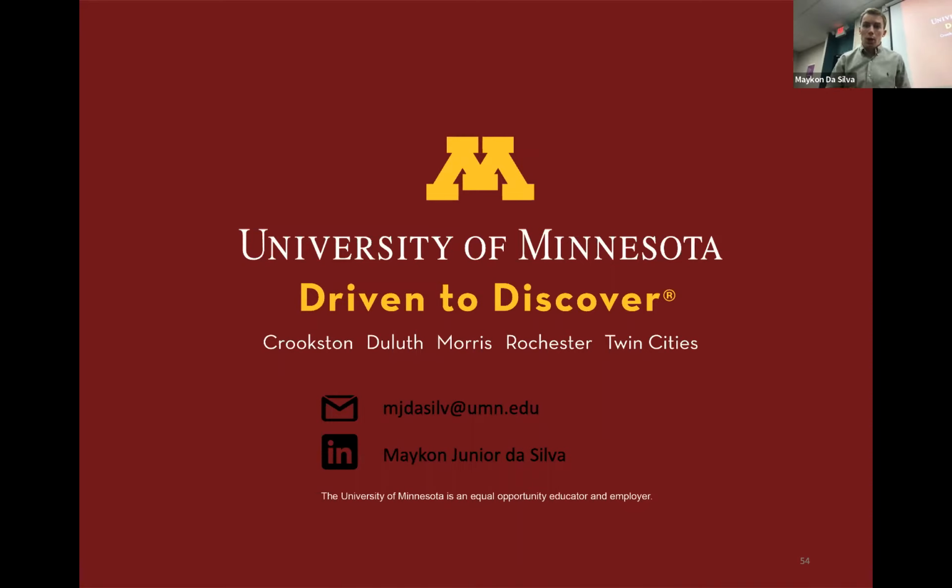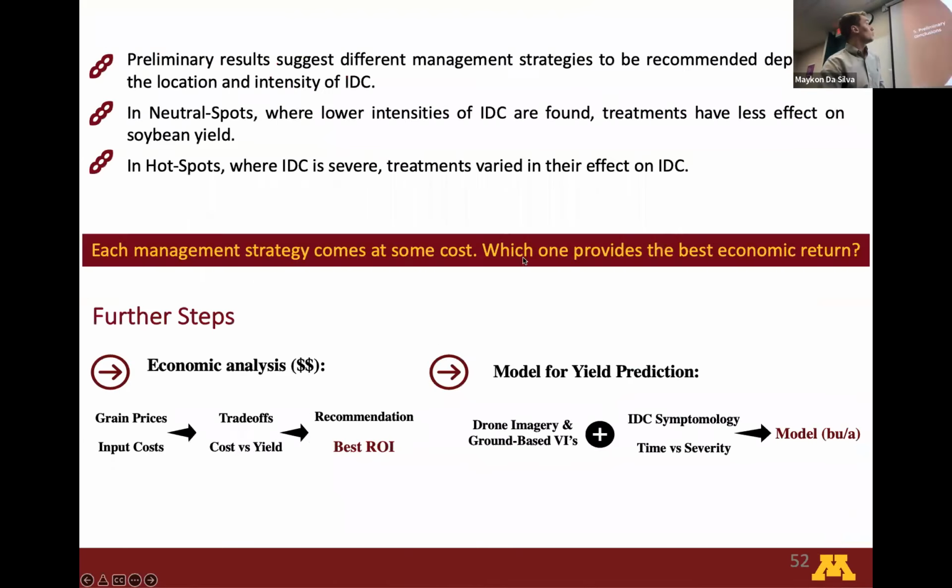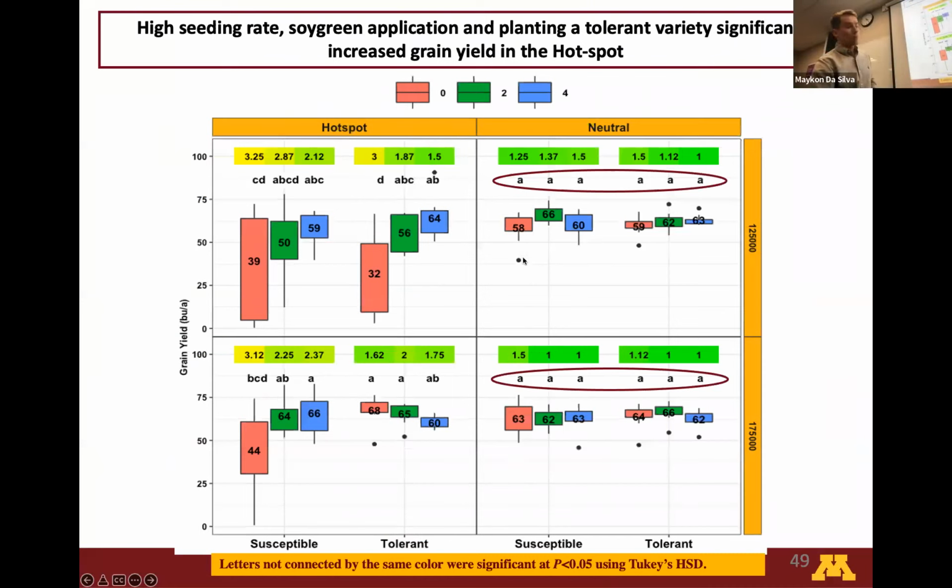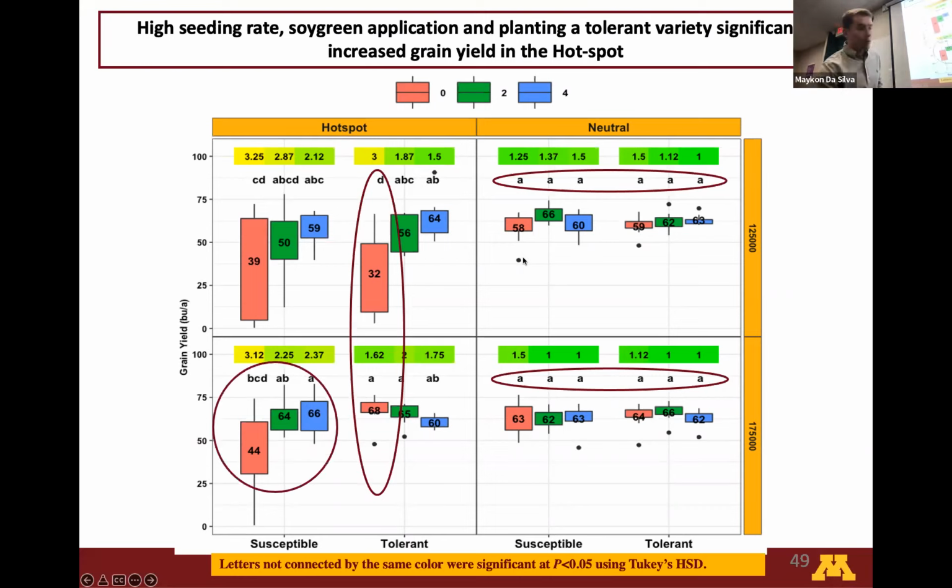Aaron Lawrence asked, why do you think the varietal effect was only apparent under the high seeding density treatment? I think the varietal effect was only appearing under the high seeding rate because, as we can see here, at low seeding rate the yield of the tolerant variety was also extremely reduced.